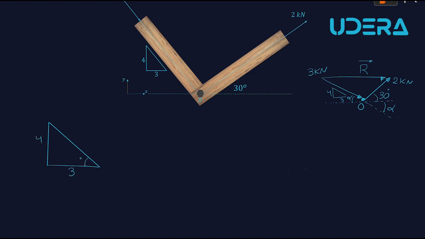Tangent of alpha is equal to the opposite side, which is 4, over the adjacent side, which is 3. Alpha is arctangent of 4 over 3, which will be equal to 53.1 degrees.